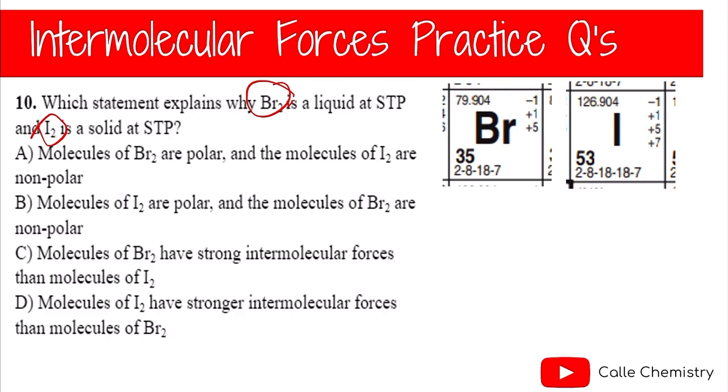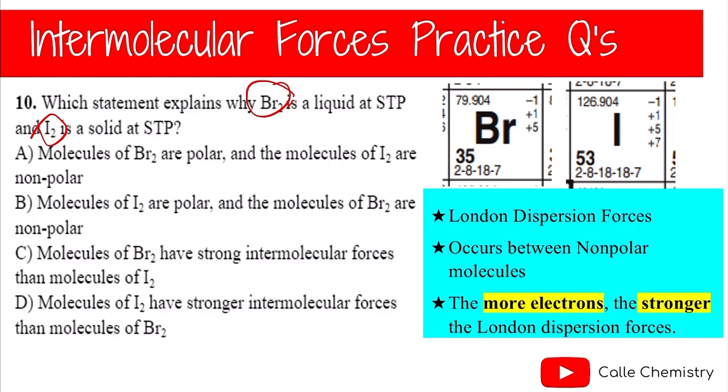If we're talking about nonpolar molecules, we look at the number of electrons each one has, because we're talking about London dispersion forces as the intermolecular force. The more electrons, the stronger the dispersion forces. So here we have iodine with more electrons, and D is our answer. Molecules of iodine have stronger intermolecular forces than molecules of bromine.